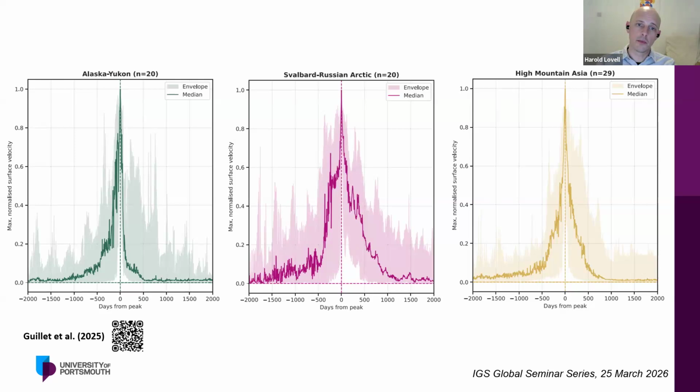So yeah, and we've got a lot of presumably very cold glaciers. The thermal regime may have a part to play in that as well. But yeah, I think we should expect to see more, either by looking back with new eyes or particularly looking forwards. Thanks.